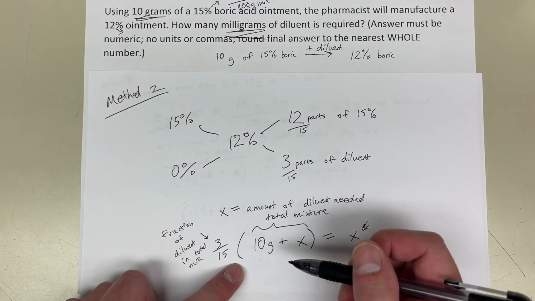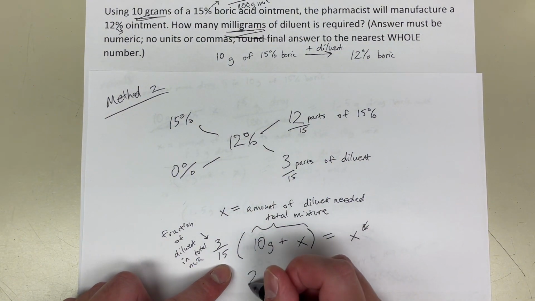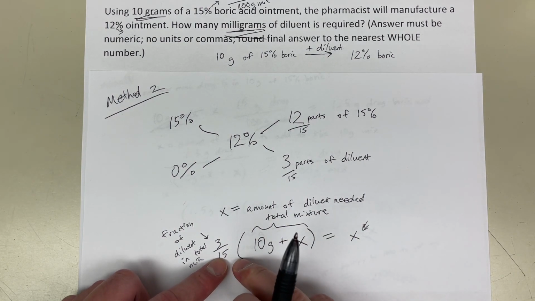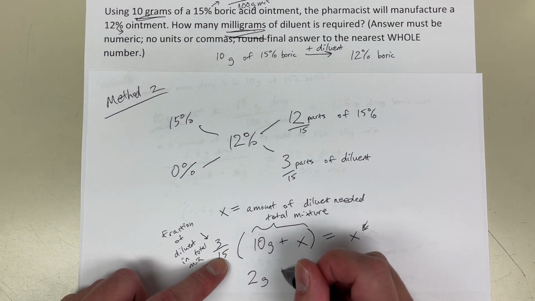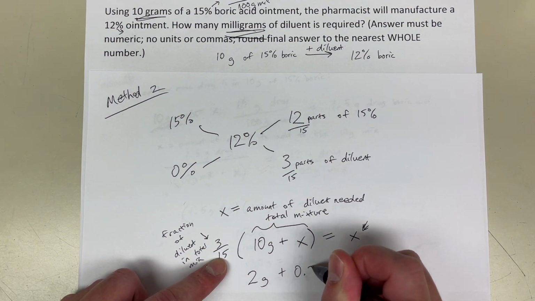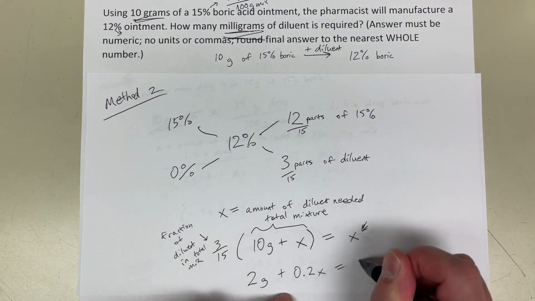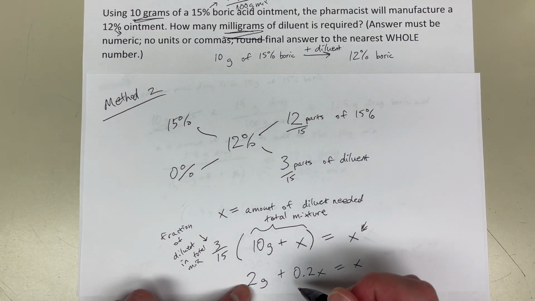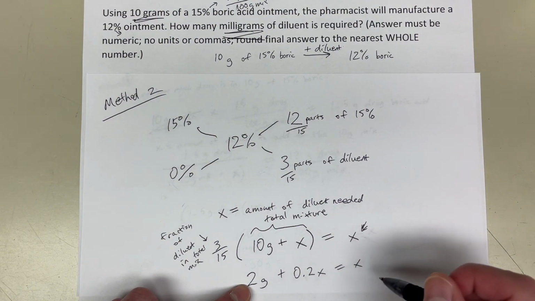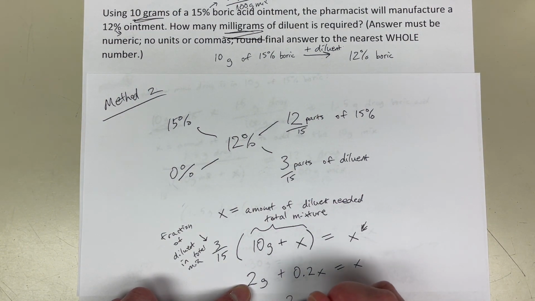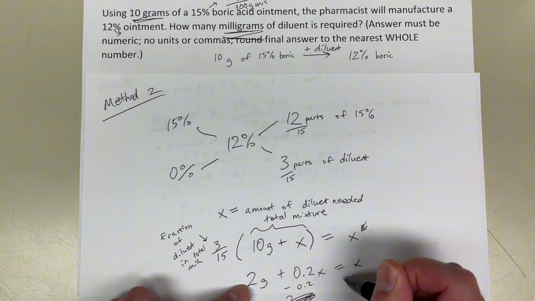So 3/15 times 10 is 2, and 3/15 plus x. Well, I'm just going to put it in decimal form. 3/15 is also 0.2 times x equals x. And then I'm just going to subtract 0.2x from both sides.